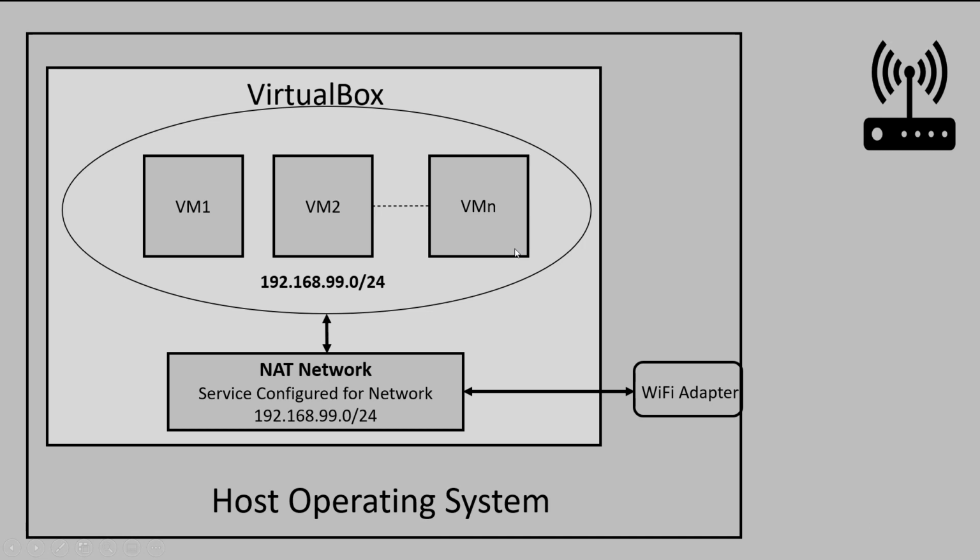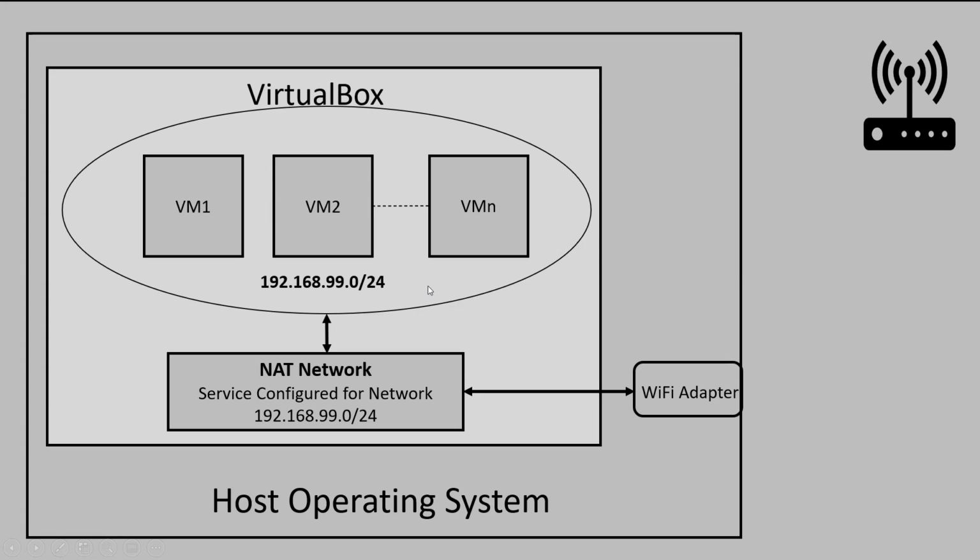So all VMs will get an IP address automatically by the DHCP service of VirtualBox, and these VMs will be able to access the internet. Of course, they will be able to communicate with each other because they are on the same network or on the same subnet. As already said, these VMs will get IP addresses automatically due to the DHCP service configured for this NAT network.